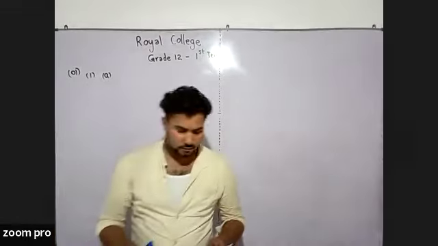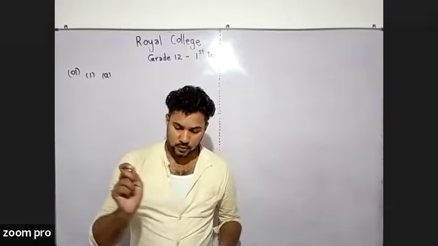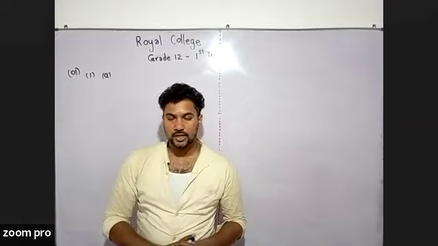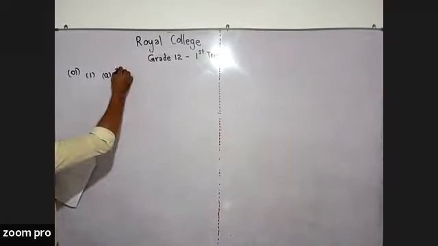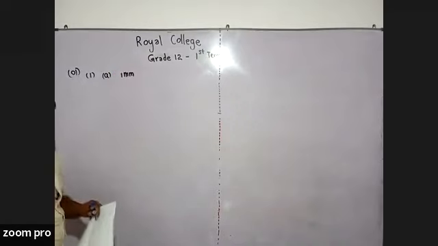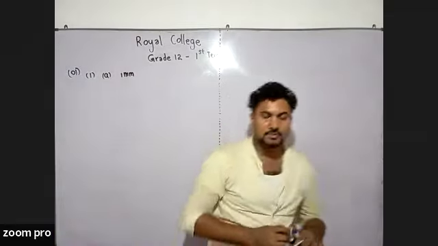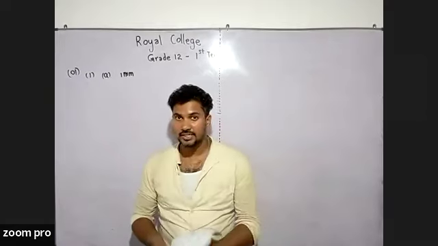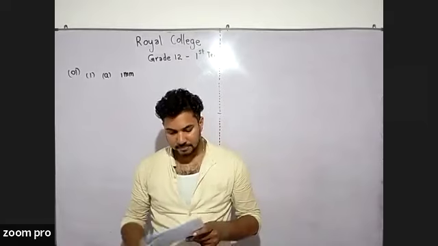In a meter rule, what is the least count? Guys, if you go through the meter rule that you have, the least count of the meter rule can be considered as 1 millimeter, right? This is the least count that can be measured using a meter rule, because it is calibrated in 1 millimeter divisions, right?